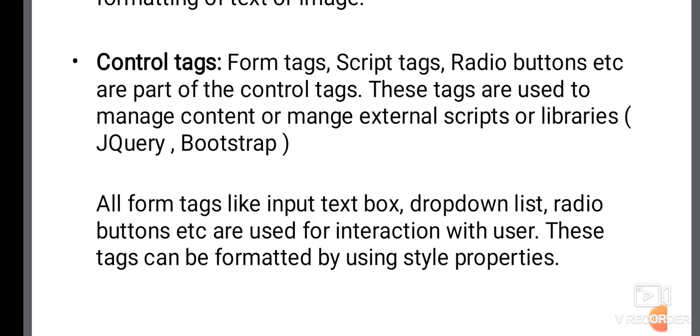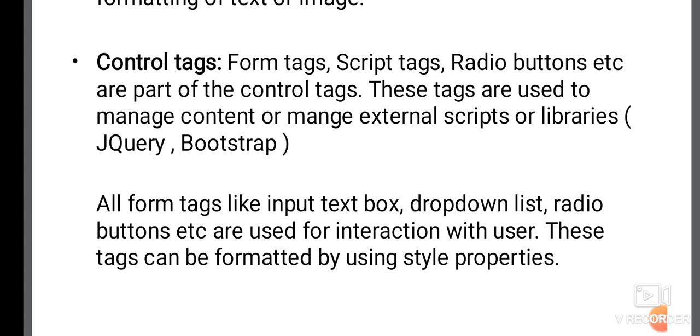Next one, control tags. These control tags are used to manage content or manage your external scripts or libraries. The form tags, script tags, and radio buttons are all part of control tags. The form tags like input text box, drop down, and radio buttons are all used for interaction with the user.